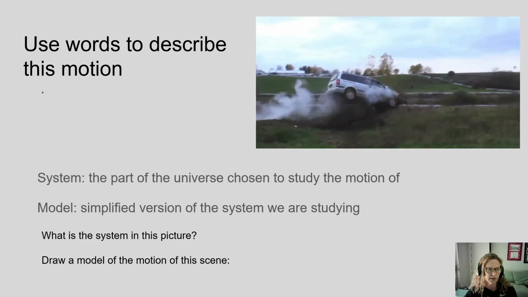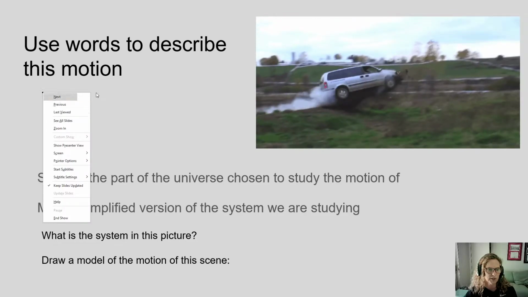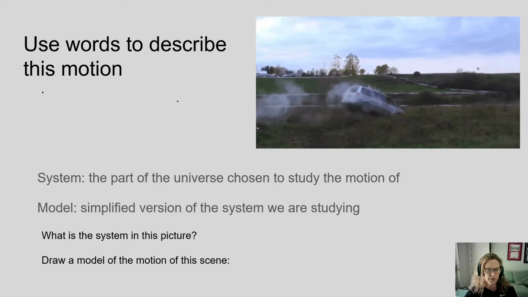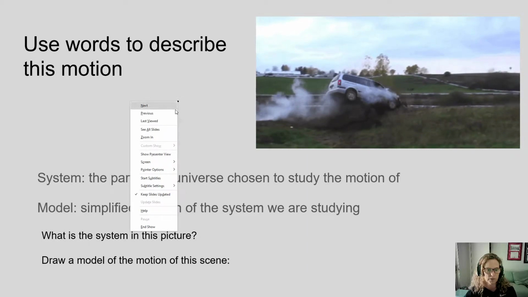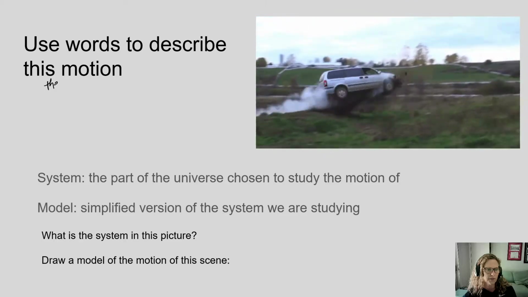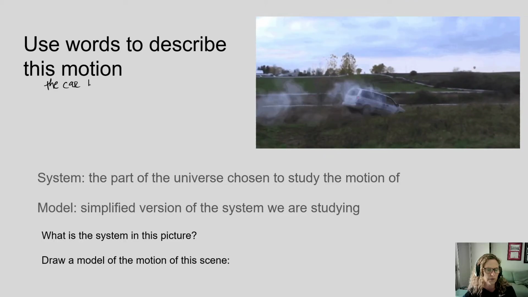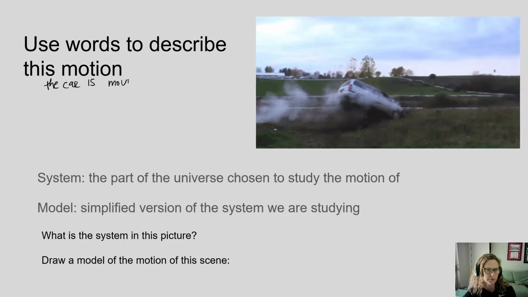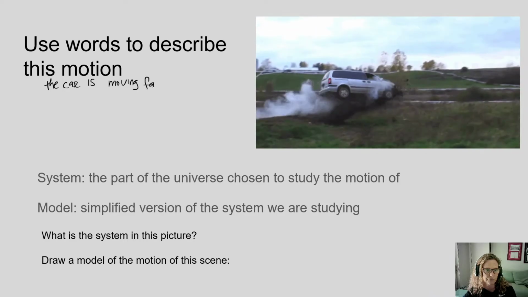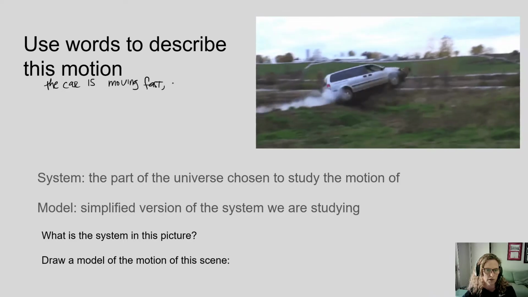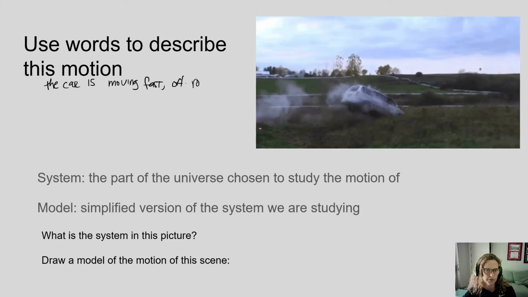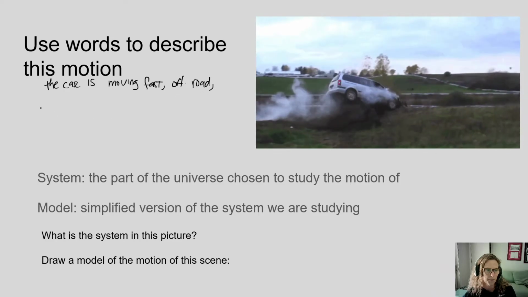You would try to write an actual statement that's going to help you make sense of it. So maybe in this point you would say the car is moving fast off-road. It's not on the freeway anymore.